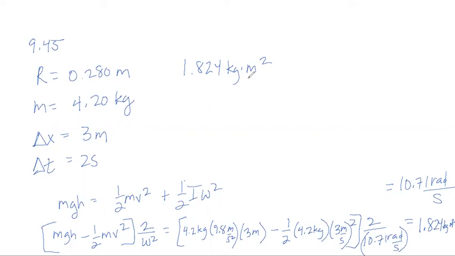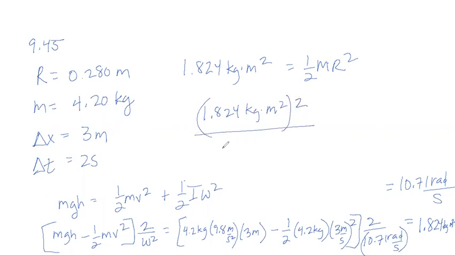That's a solid cylinder, and a solid cylinder is 1/2 mr squared. So I'm going to go ahead and solve for m. So I've got 1.824 kilograms times meters squared times 2 divided by the radius, which is 0.280 meters, squared, is going to give me a mass of 46.5 kilograms.